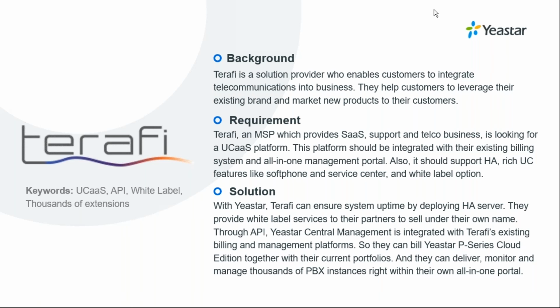So the opportunity for Yeastar in this case is so good because we have a really dynamic system, which is P-Series. It's cloud-based, right? So definitely this can be a pretty good choice, a pretty good solution for end users, for individual users. You need those UC functionalities. P-Series system is capable of that.